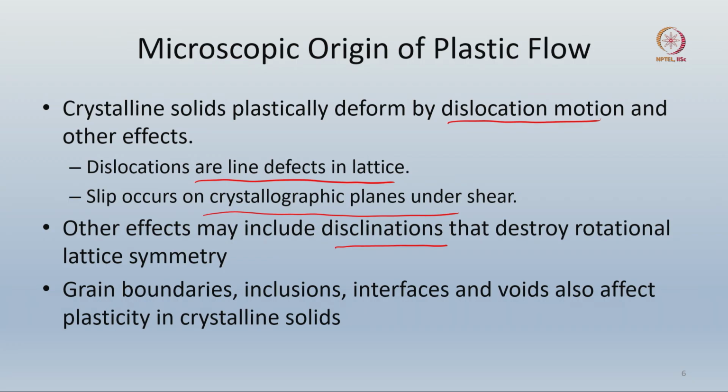They may have some effect, but not a great deal like dislocations. There could be other effects also, like grain boundaries, inclusions, interfaces, even cracks. If there are microscopic cracks in the solid, they are also interfaces, and voids. They can also affect plasticity.